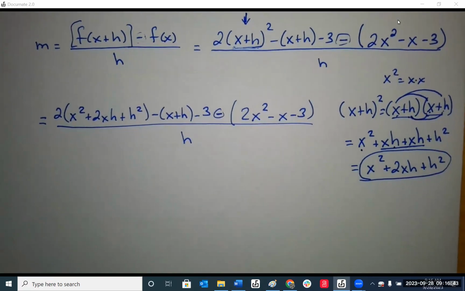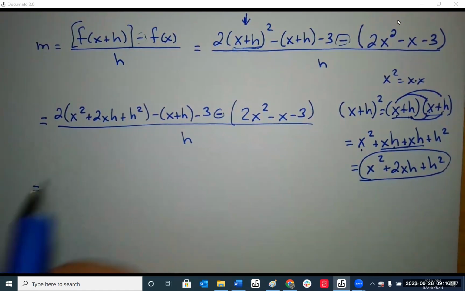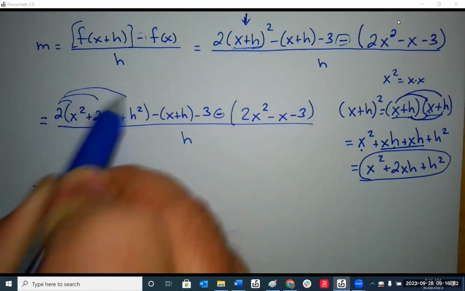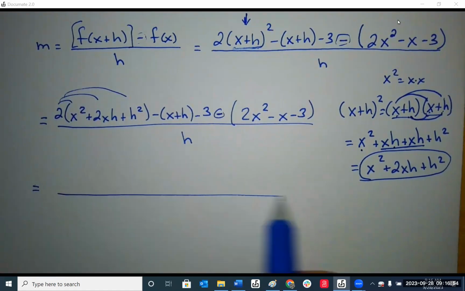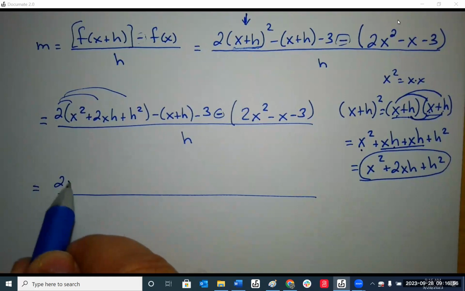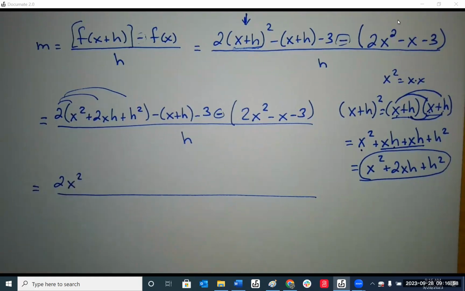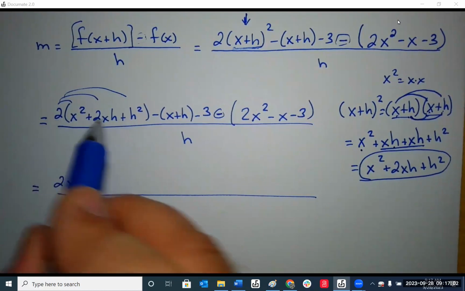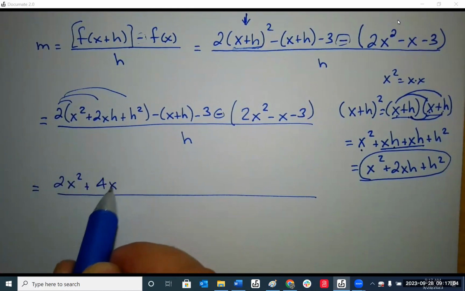The hard part's finished. Now comes the easy parts. Get rid of the parentheses. Multiply by 2 each term inside the first one. 2x². Positive, positive is positive. 2 times 2 is 4xh.